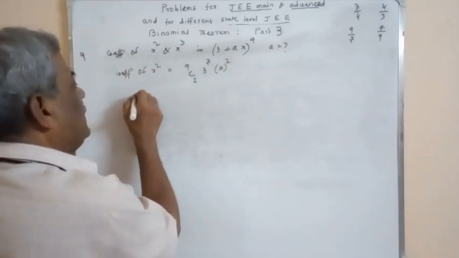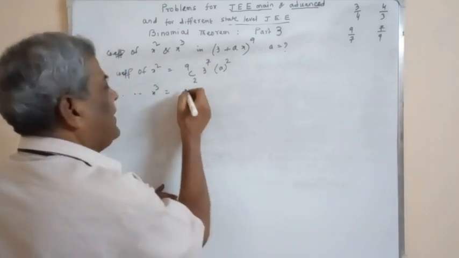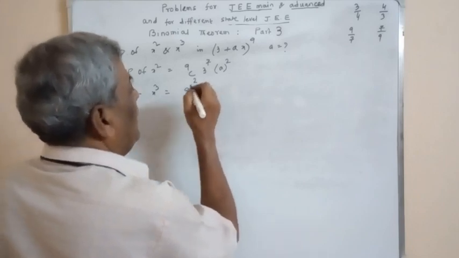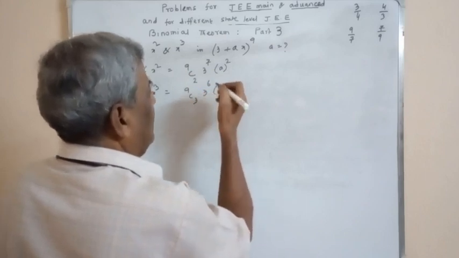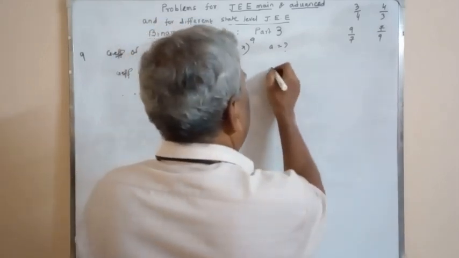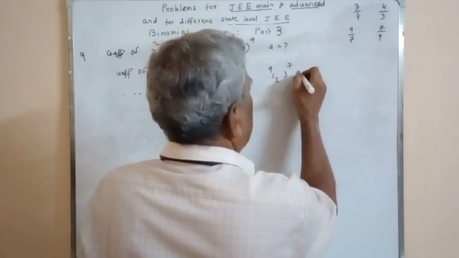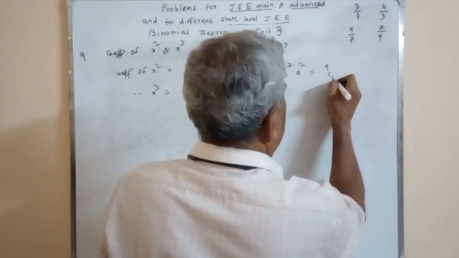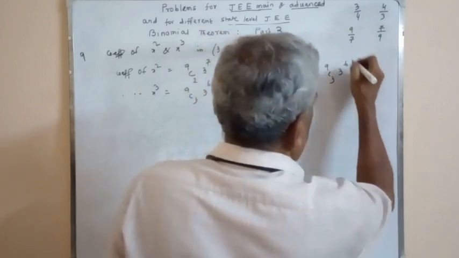Similarly, the coefficient of x cube is in the fourth term, so it is 9c3, 3 to the power 6 into a to the power 3. So as per our condition, 9c2, 3 to the power 7 into a square is equal to 9c3, 3 to the power 6, a to the power 3.